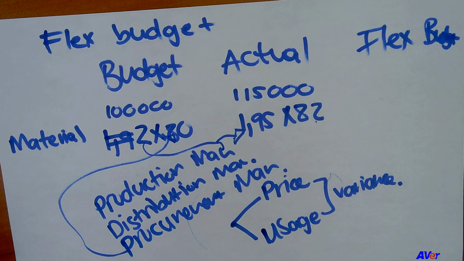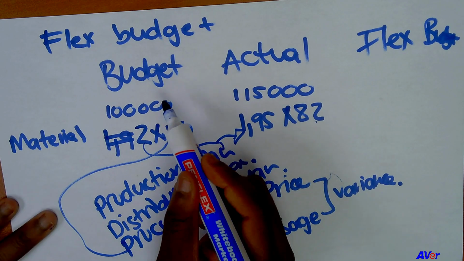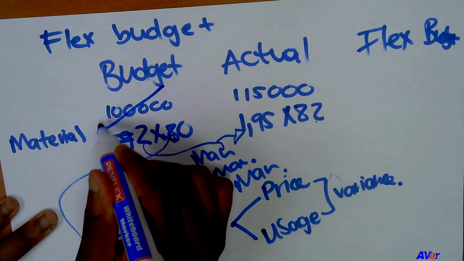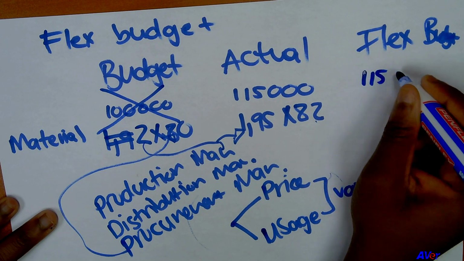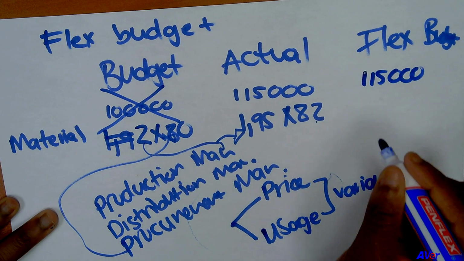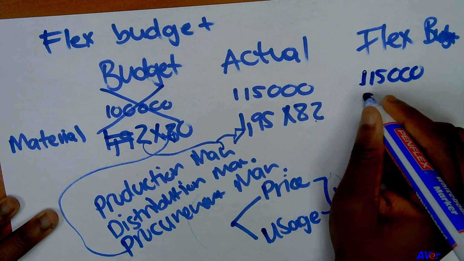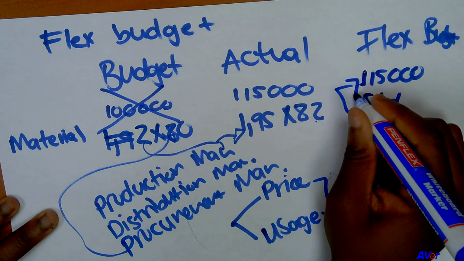Flexing comes in and says, all things being equal, what were you supposed to spend? So it's saying, let's forget that we budgeted to make 100,000. Let's say, for argument's sake, we actually produced 115,000. And then let's apply our standards to this 115.